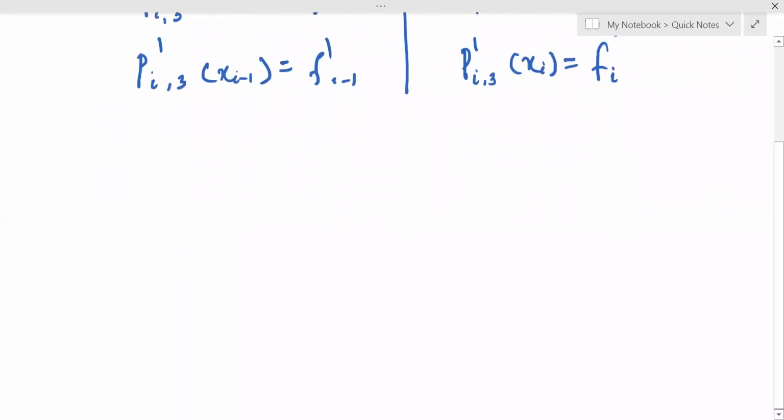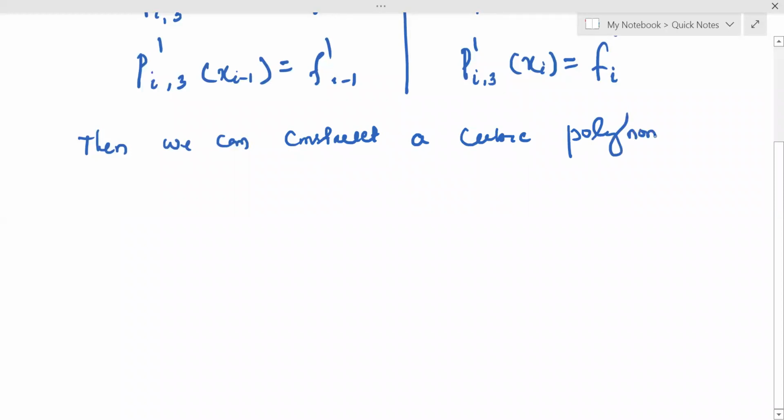So now we can construct a cubic polynomial p_i,3(x), that is the cubic polynomial on each of the subintervals.